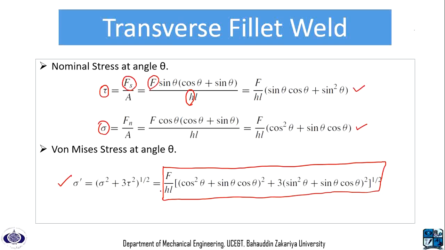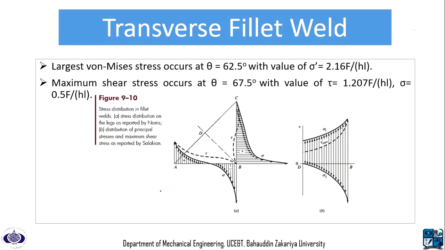And now as we have this angle theta available to us, we can use this angle, and we are going to see that the largest von Mises stress occurred at angle 62.5, where von Mises stress was this one.